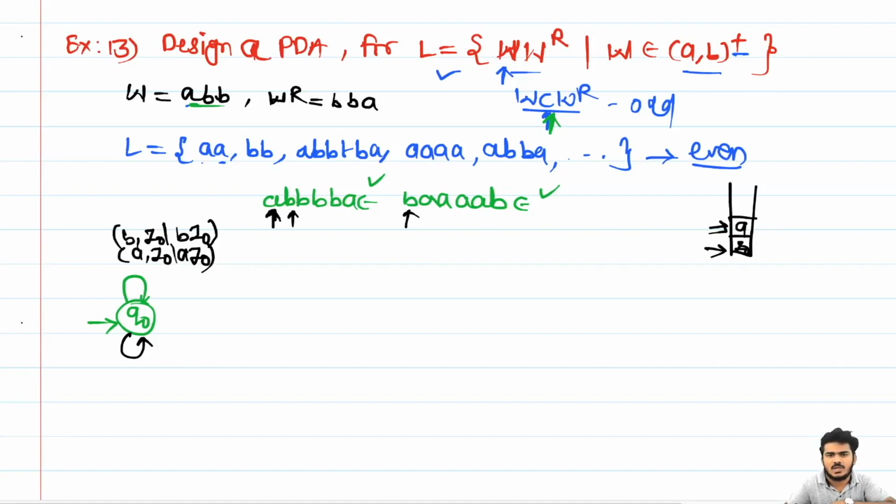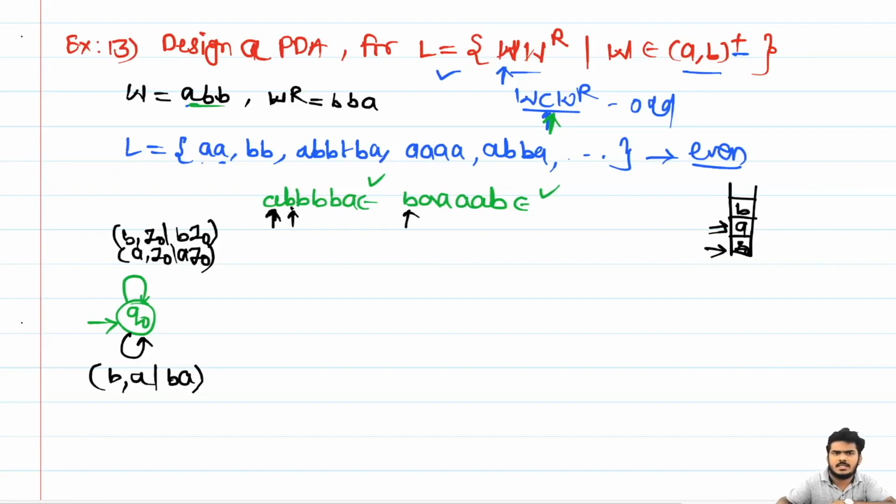In that case we have to assume whether the center came or not. But here we have different symbols, B is the input and A is the top of the stack, so we can easily push. So B on top of A, we push that B into the stack. So this becomes BA.